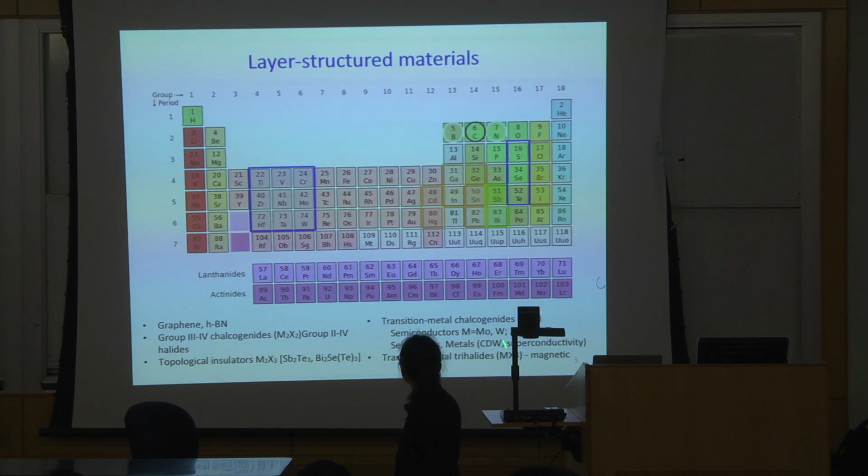And as you can already see from this picture, there are many different physical phenomena going on. You can have semiconductor, semimetal, metal, or superconductor, charge density wave, or magnetism. So it covers a very wide range of physics.